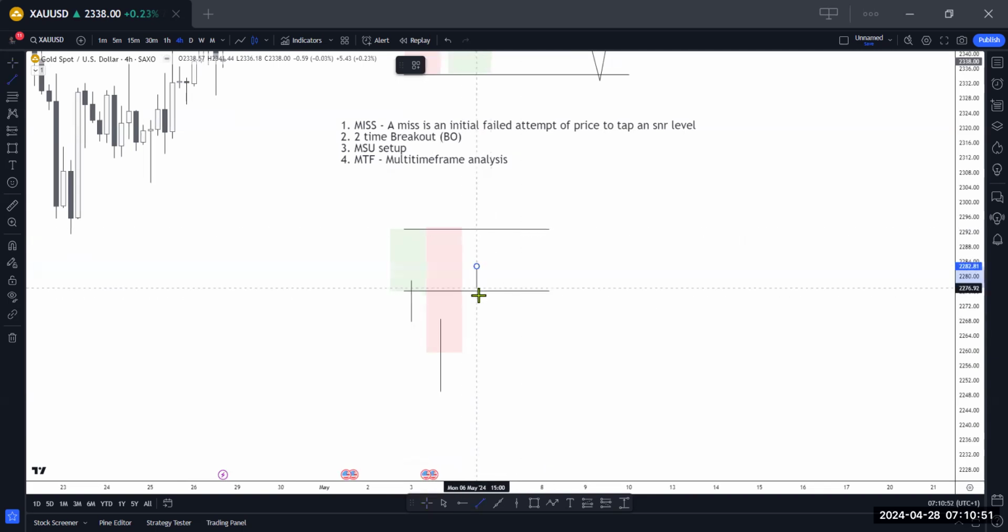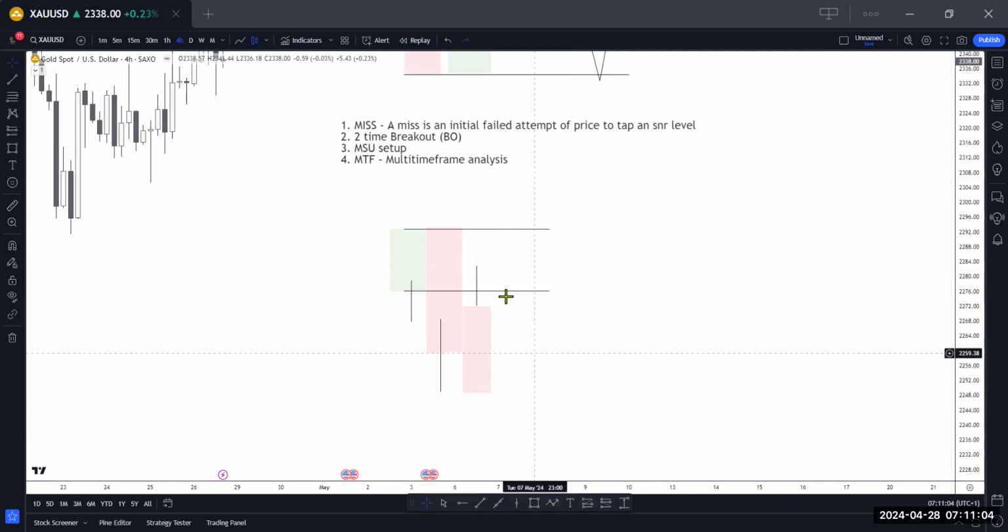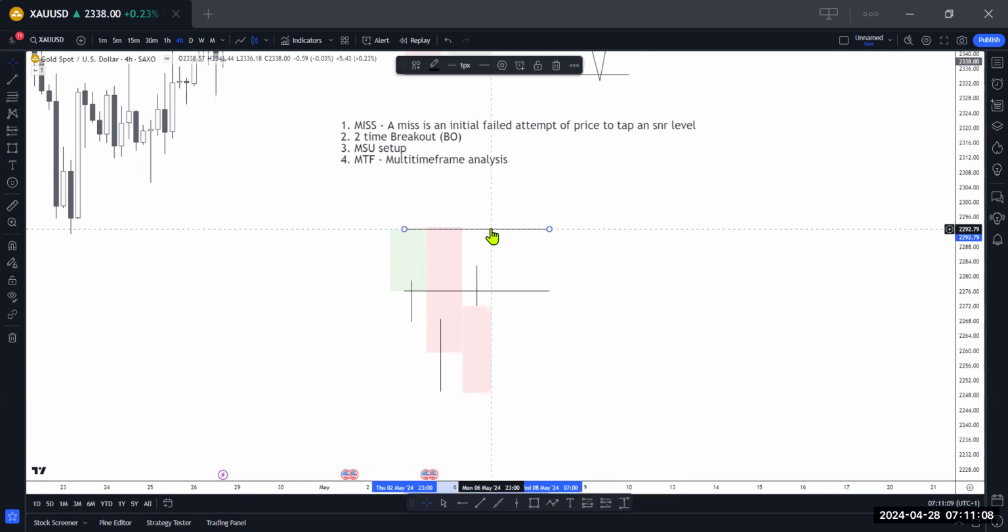It opens, taps that area, and then drops. We're trying to see what the miss is, right? It opens, taps this area, drops. But we still have this SNR area that is unmitigated, like unused.